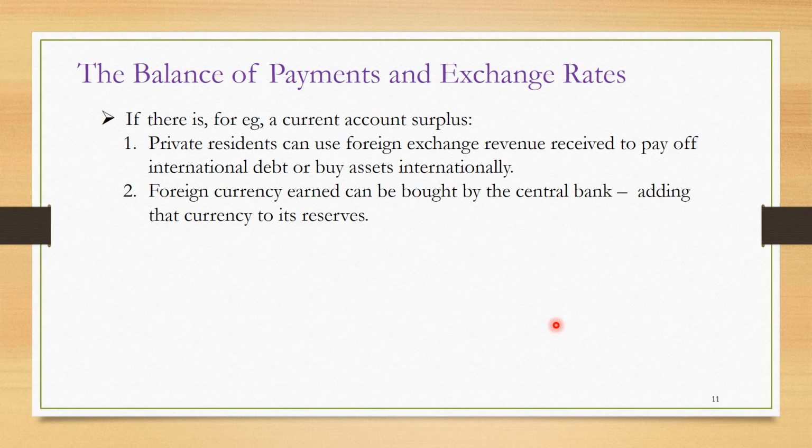Likewise, if you're running a current account surplus, private residents could use that foreign exchange revenue to pay off your debt or assets that you purchased from abroad. Foreign currency can also be bought by the central bank, adding currency to its reserves.